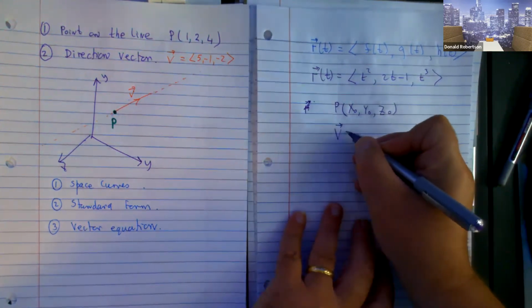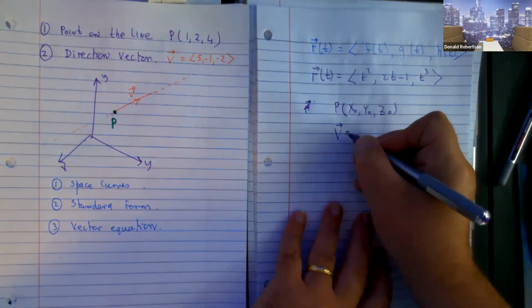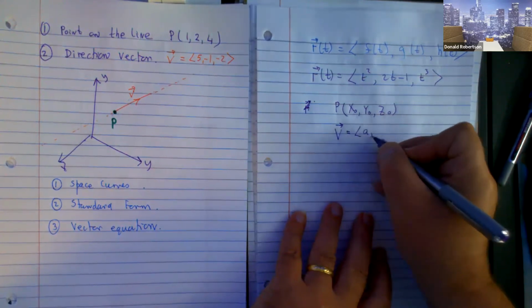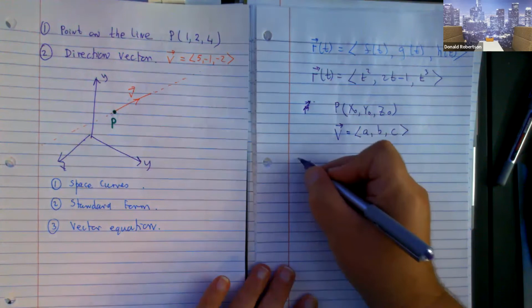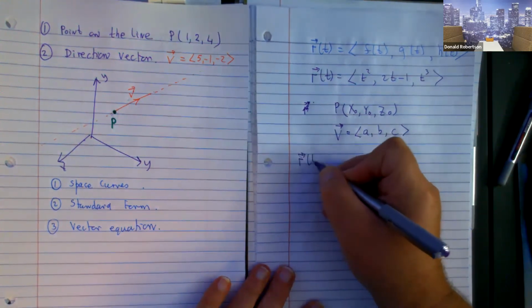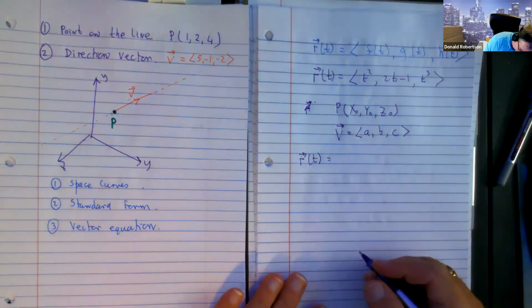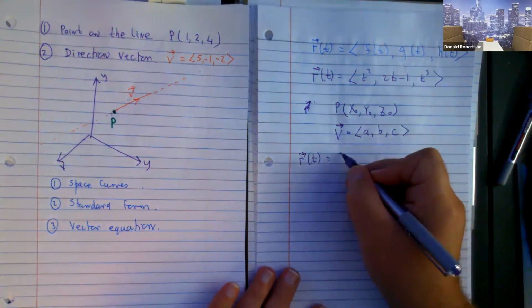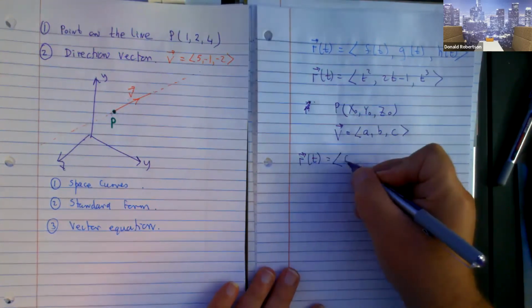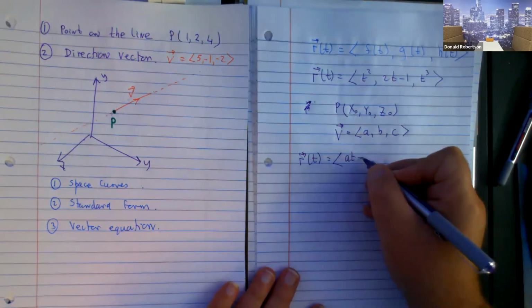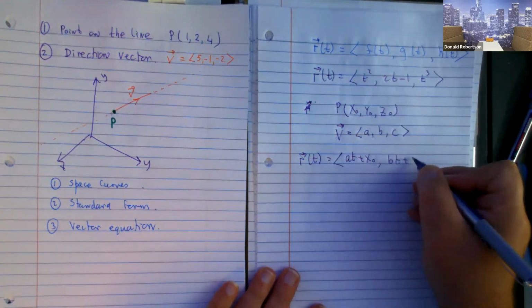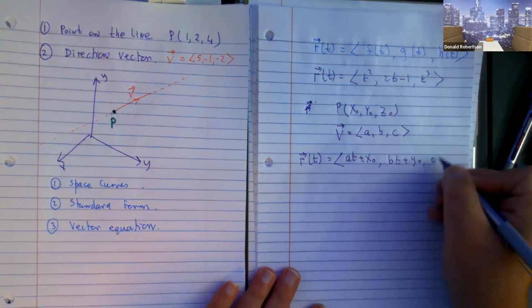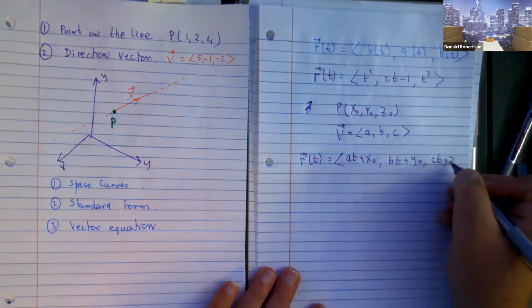V is going to be the direction vector A, B, C. And the equation of the line, the space curve as we would generally call it, is the following. It's going to be AT plus x naught, BT plus y naught, and CT plus z naught.